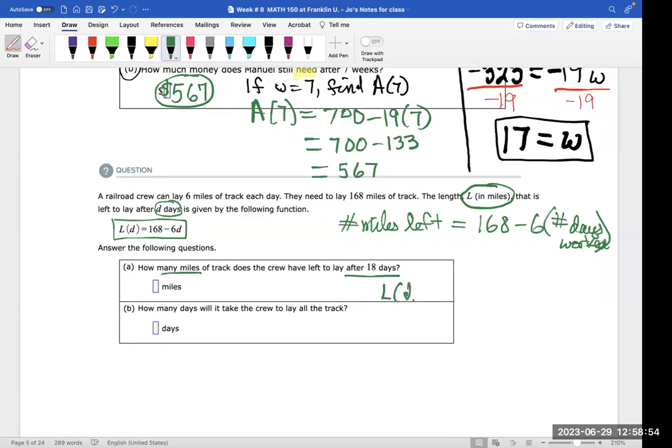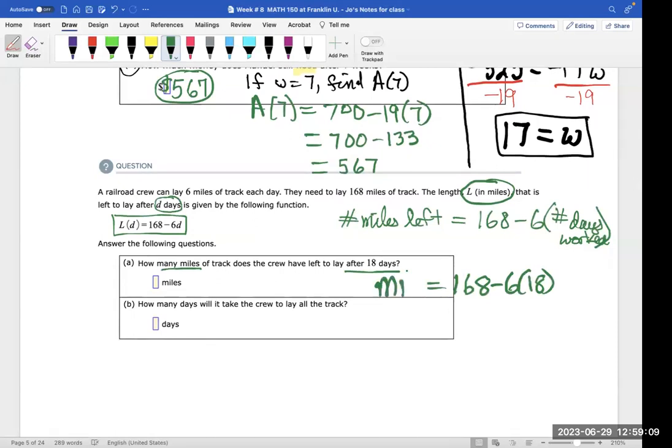So my miles of track is the same thing as 168 minus 6 times 18. And then you solve from there. If you prefer, instead of L of D, you can just pick your own variable and say miles.